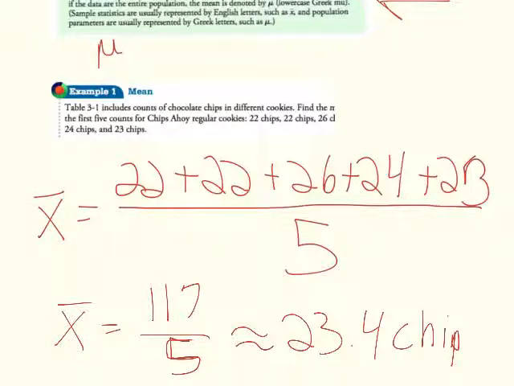We'll talk in a minute about how we do the rounding for mean, median, and mode. I've got that on another slide here in just a second, okay? That's how we find the mean. Now, obviously, if you've got a large group of numbers, then it gets a little bit more tedious adding all those numbers together. Sometimes you may want to use something like StatCrunch to be able to do that a little bit easier and a little bit more effectively.